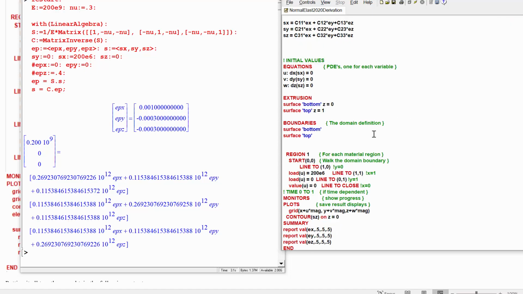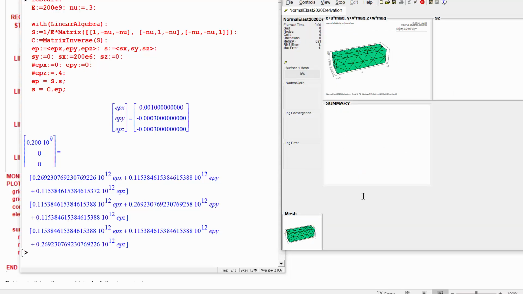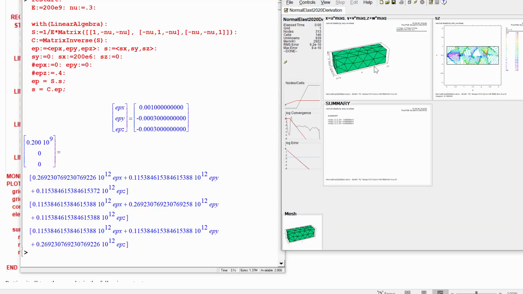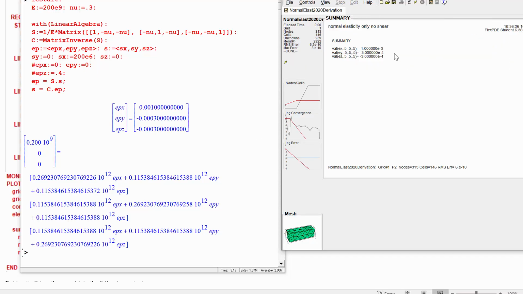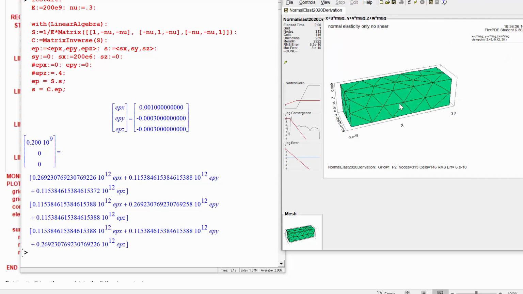All right, how do we make this actually the right size in X, Y, and Z? We just need to change how much we're extending it in X. So we can go and type this in by changing this not 1 meter, but to 3 meters. And now it'll start off at this extension here that doesn't actually change the strains that we get because we're applying a uniform stress.